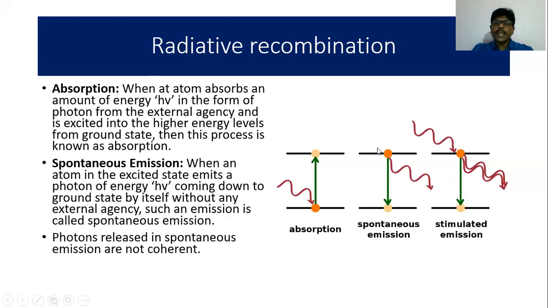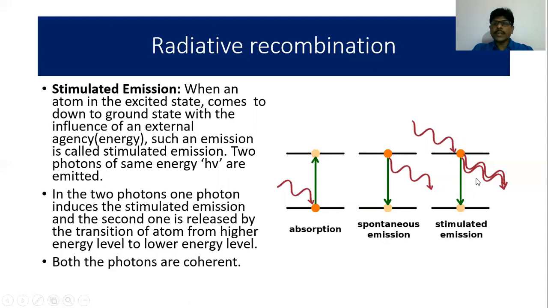Because the atoms can be in any of the higher energy states and they can come down from any of them to the ground state. When coming down, they give out different amounts of energy. Different amounts of energy mean different values of frequency and wavelength. That is why we say that spontaneous emissions are not coherent.